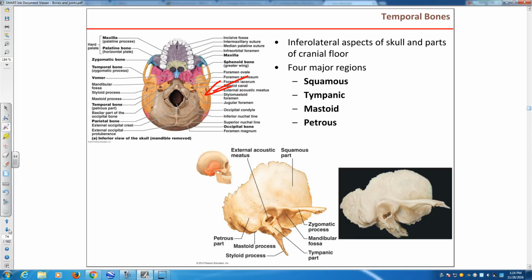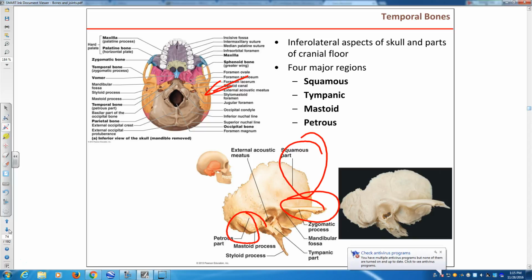Four regions. The squamous part right up here, you can see it. The zygomatic part, the zygomatic process actually, here. The mastoid region right here where the mastoid process is. The mastoid process, I can actually show it on Patrick as well.